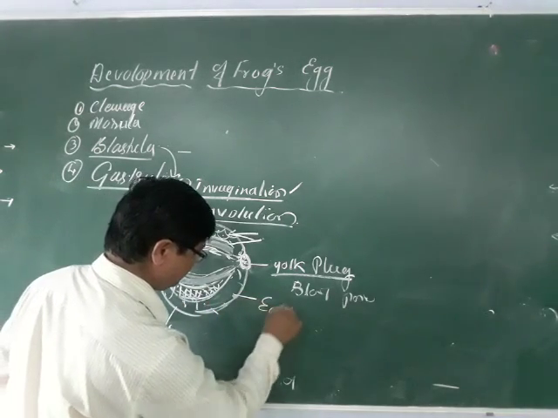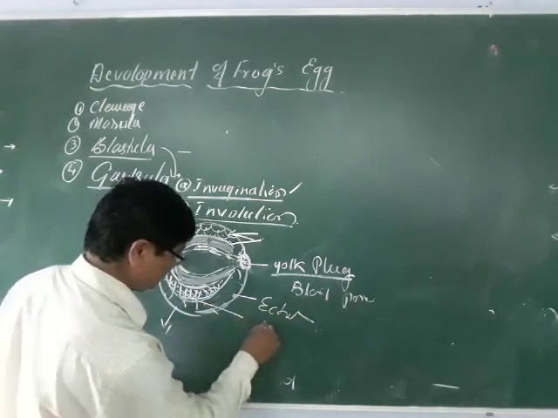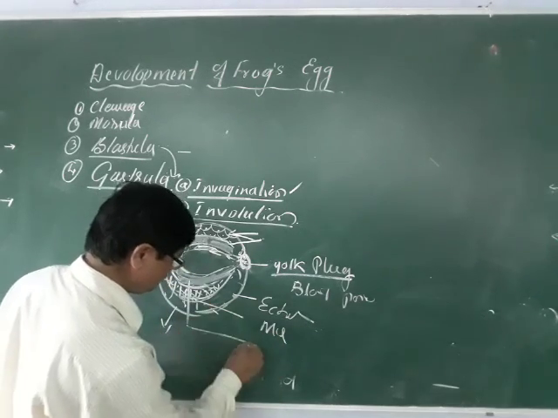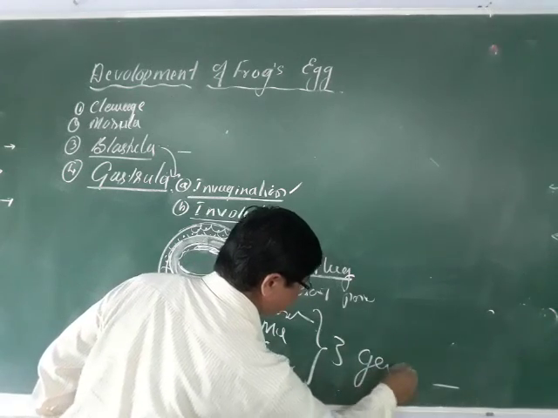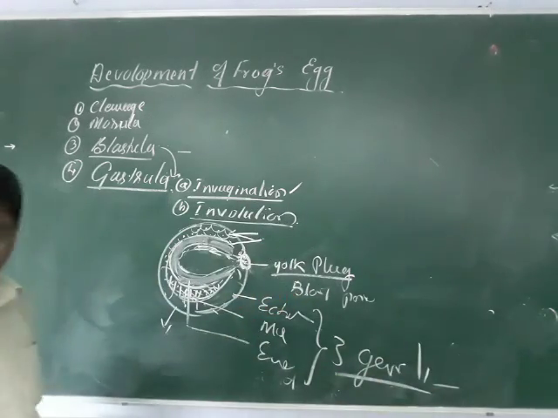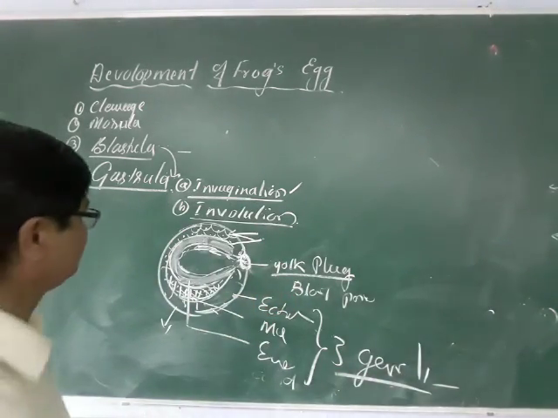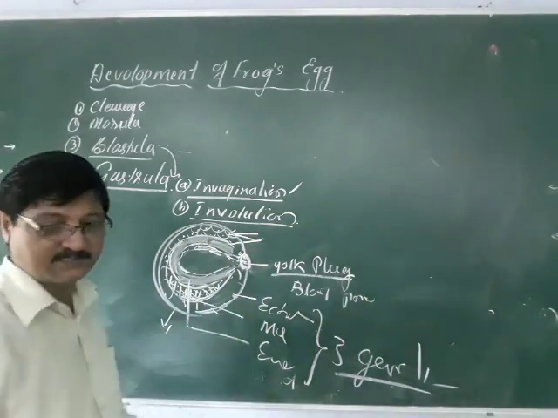This is the ectoderm, this is the mesoderm, and this is the endoderm. These are the three germ layers that will be developed. So this is the structure of the gastrula.